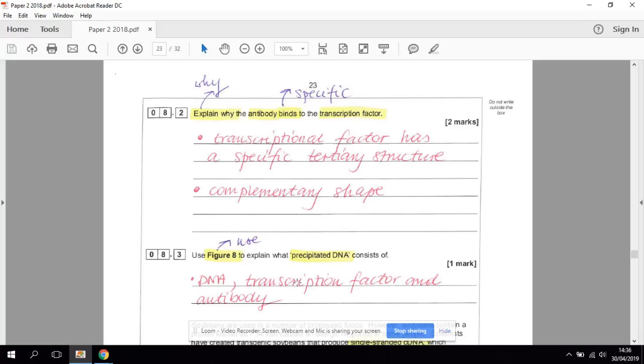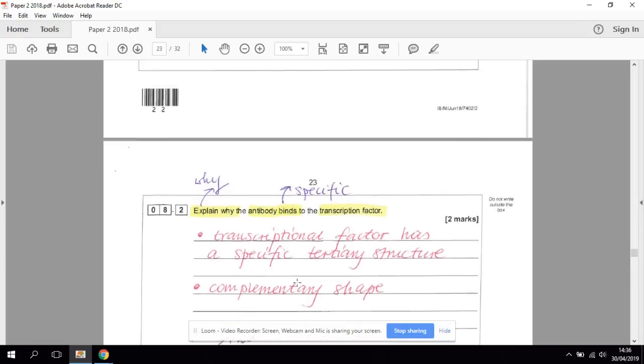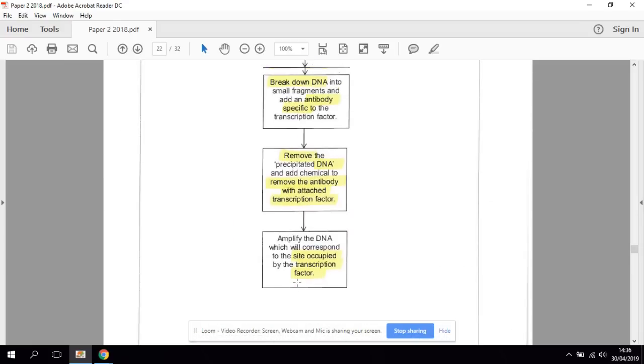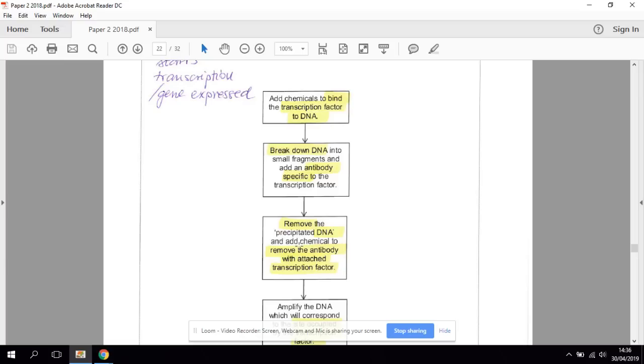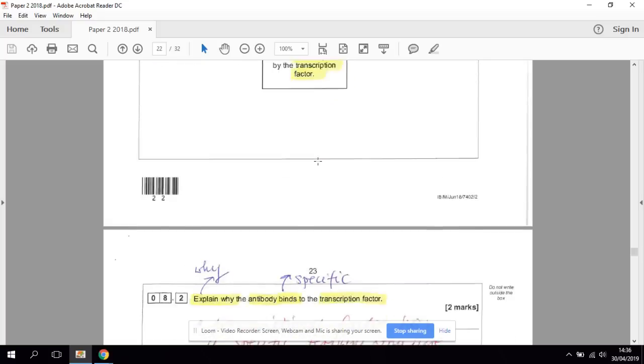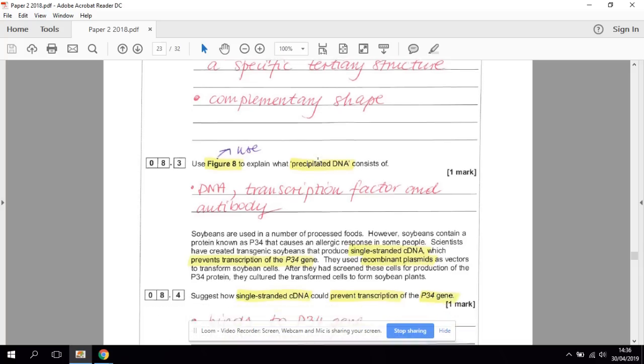So if you read through this figure again, there will be DNA, transcription factor, and antibody. So let's have a look. The transcription factor, antibody here, and DNA. So the answer comes from just analyzing the flow chart here.